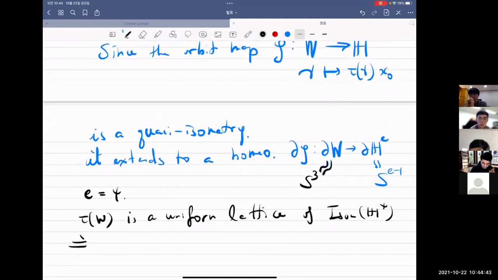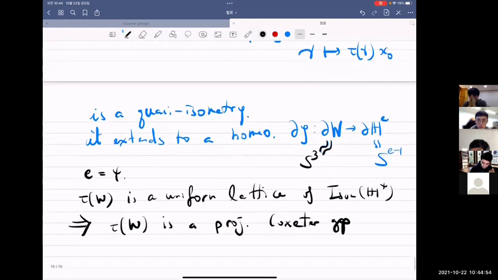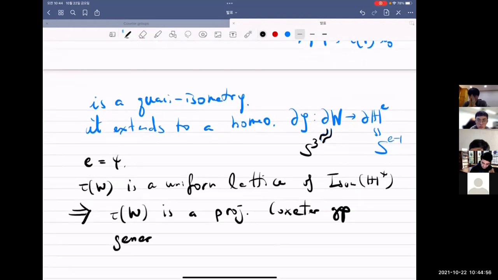So it implies that my group τW is a projective Coxeter group generated by the reflections.